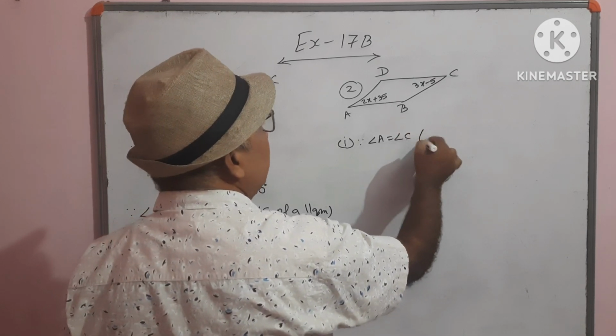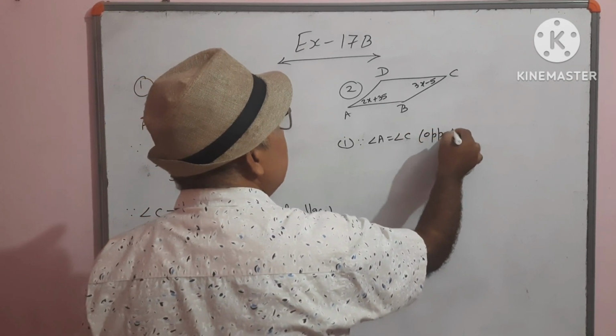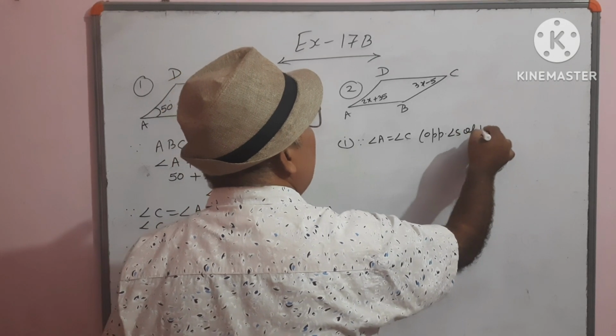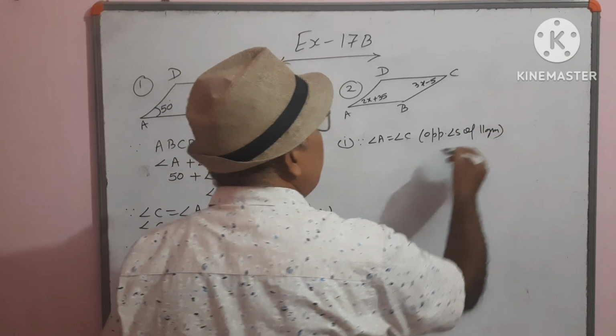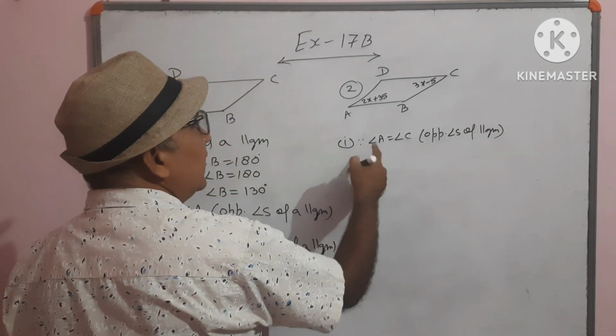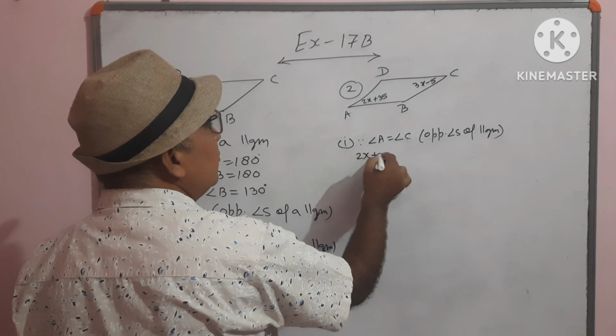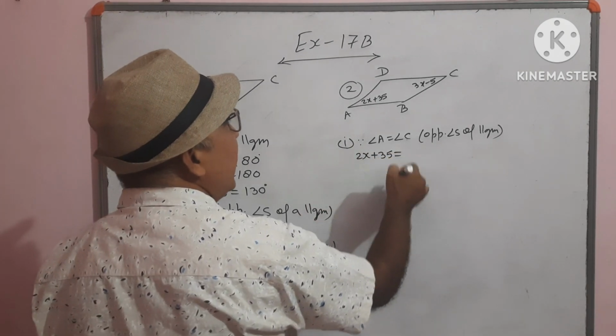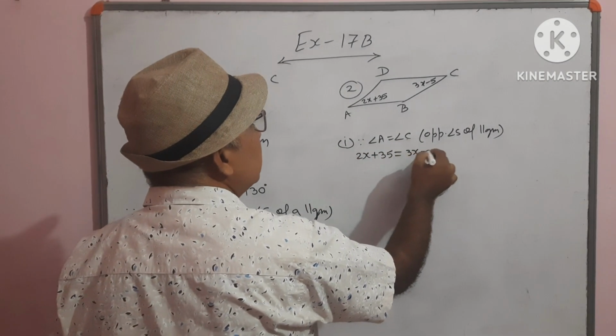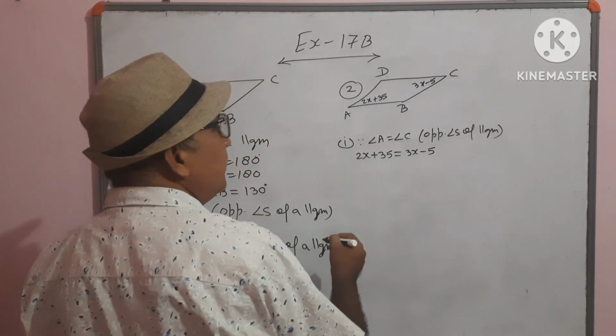What is the reason? Reason is opposite angles of a parallelogram. Angle A has been given here 2x plus 35. Angle C is 3x minus 5.